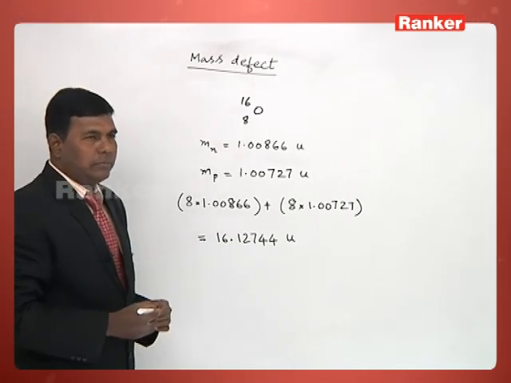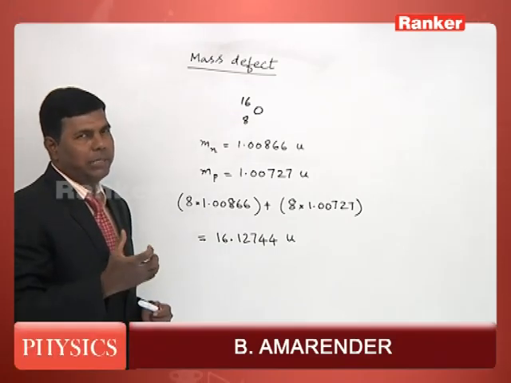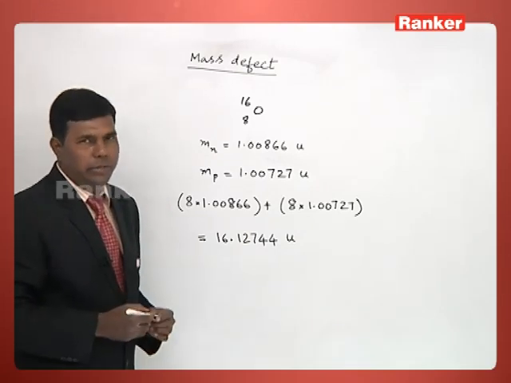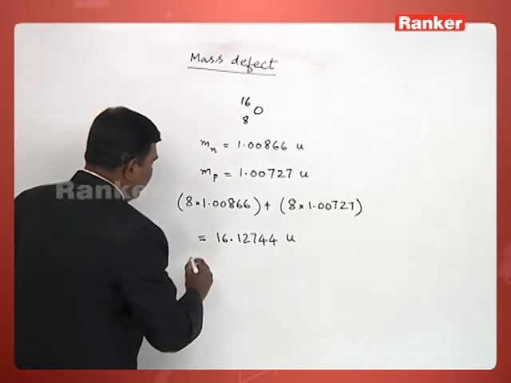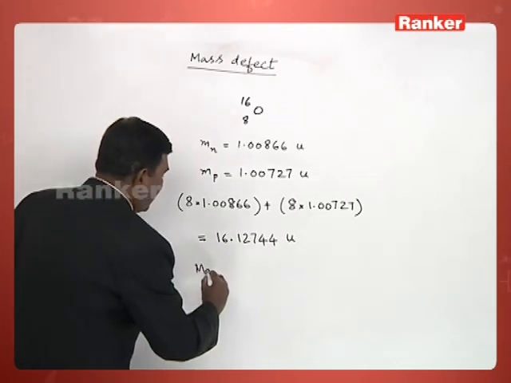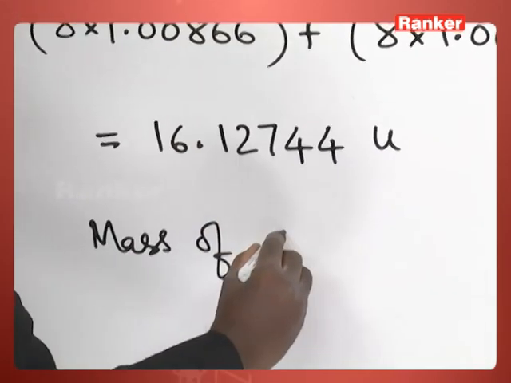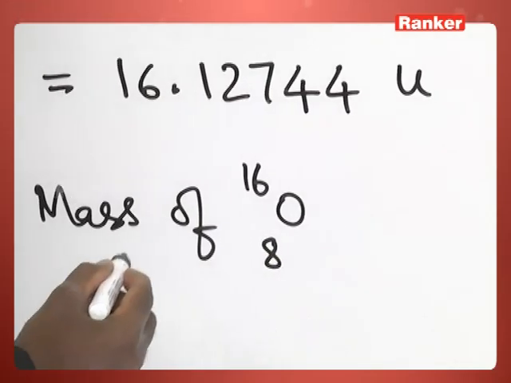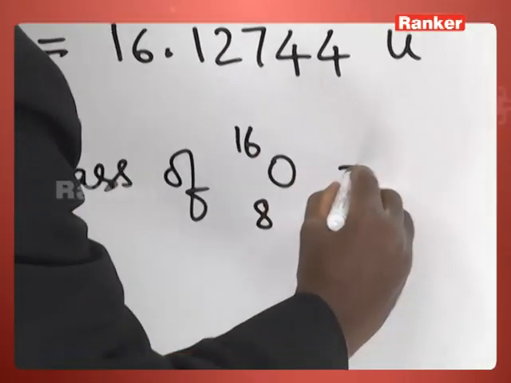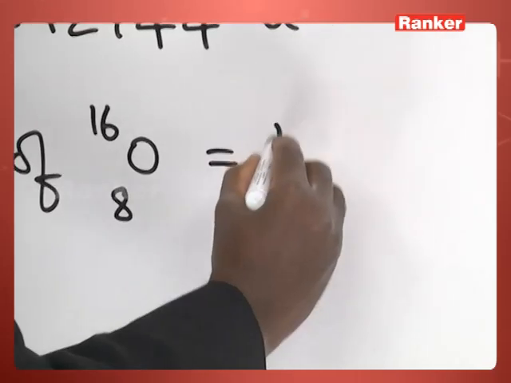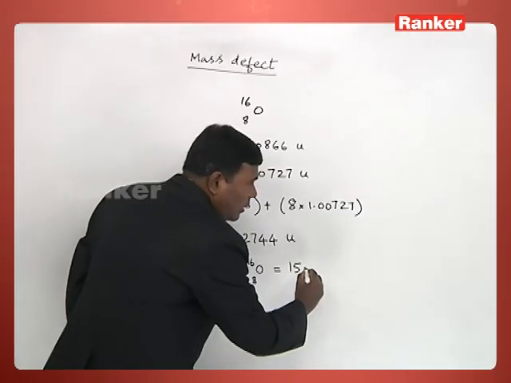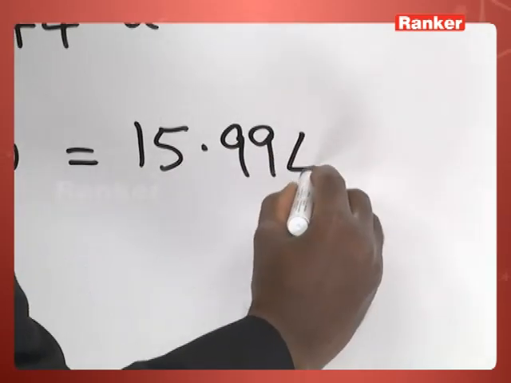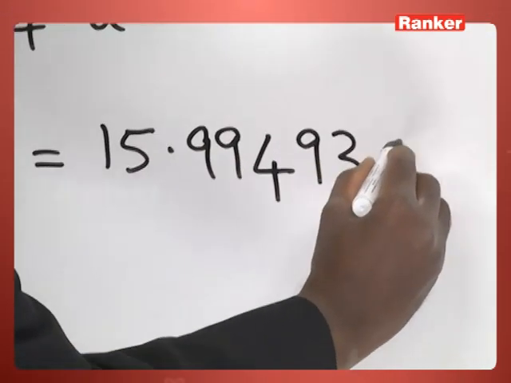But using experiments like mass spectroscopy, you can determine the value of the mass of the oxygen nucleus. That will give you about 15.99493.